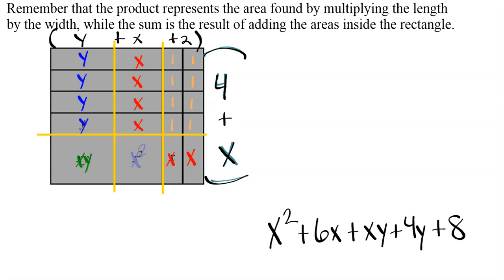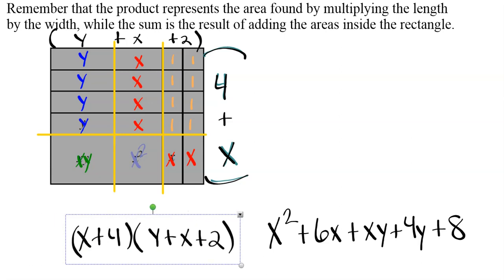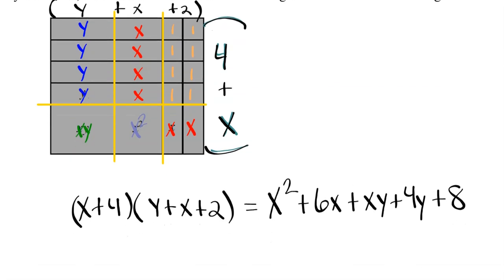So we could say, okay, this is then x plus 4 times y plus x plus 2 is equal to x squared plus 6x plus xy plus 4y plus x.